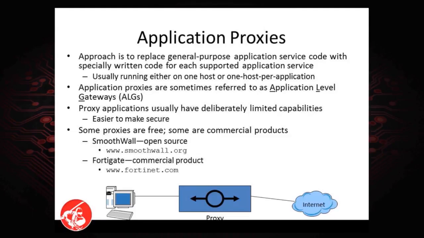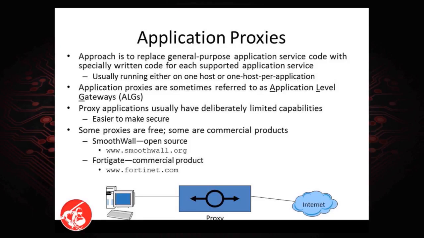They're nice because they can actually stop a lot of attacks because when you run an application proxy, the vulnerability usually is in the main program. It's usually not carried over to the application proxy itself. Right? They have deliberately limited capabilities, which makes it easier to make secure. We call it tightly coupled code in the programming world.